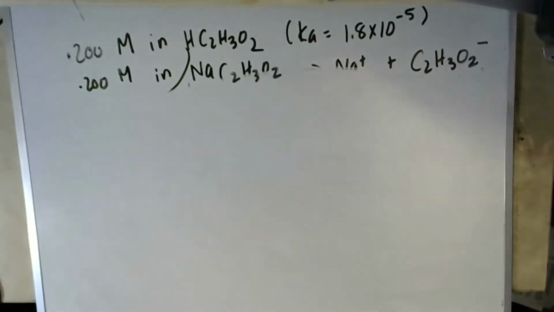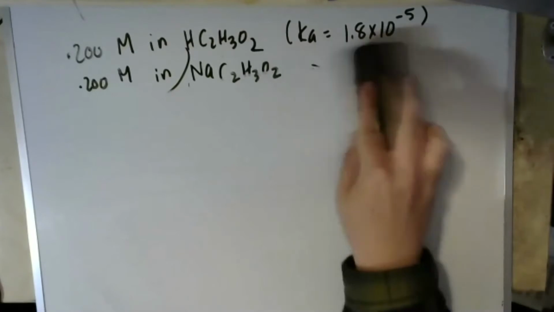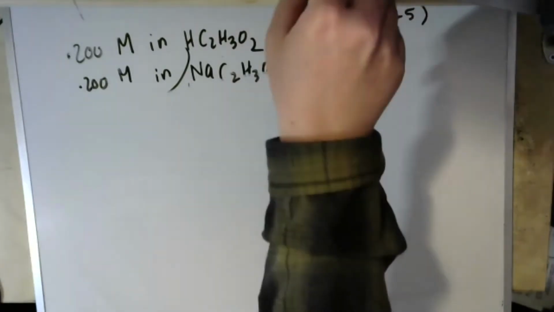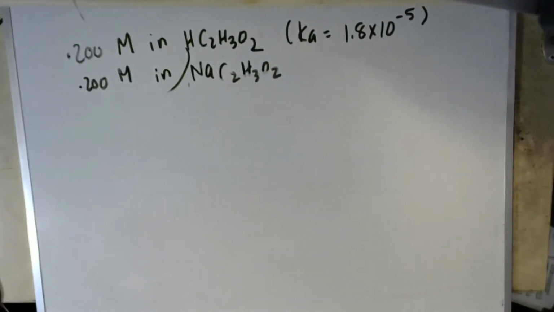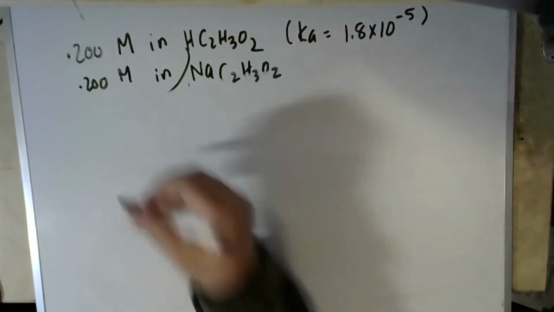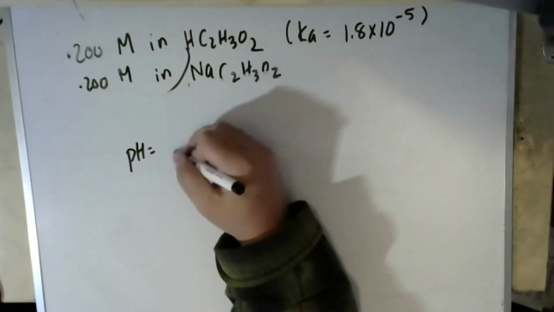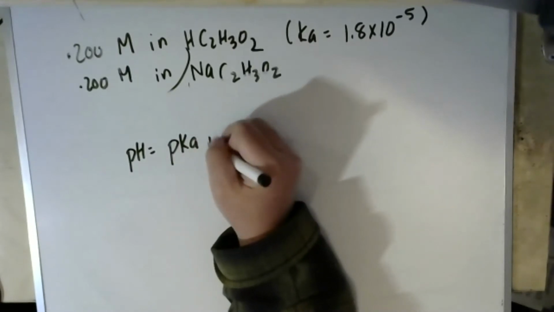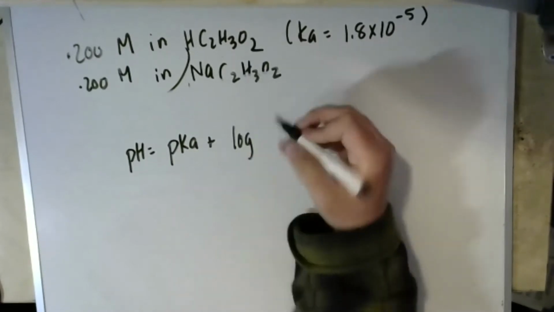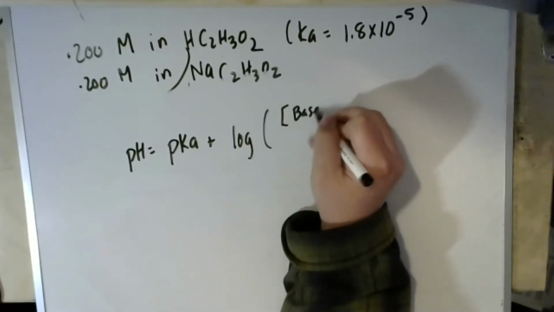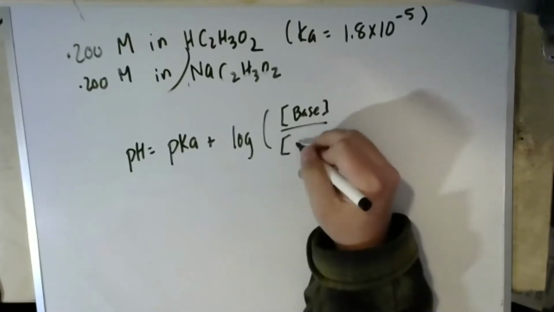So our Henderson-Hasselbalch equation is going to be this: pH equals pKa plus the log of the concentration of my base over the concentration of my acid.